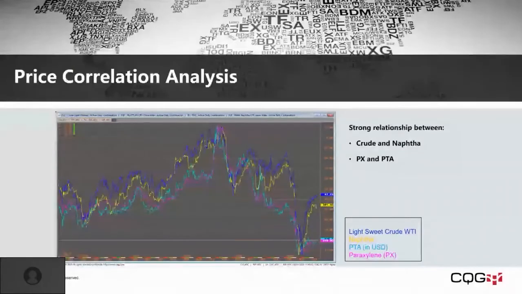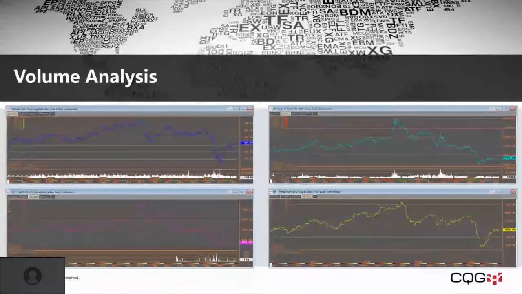But the fundamental is that currently, because of the slight lack of liquidity on the PX side, which is not impossible, what we want to try and focus on, based on the volume analysis that we can see now, is this.